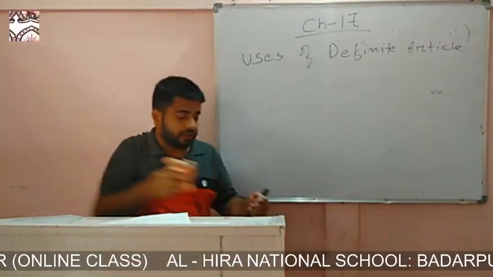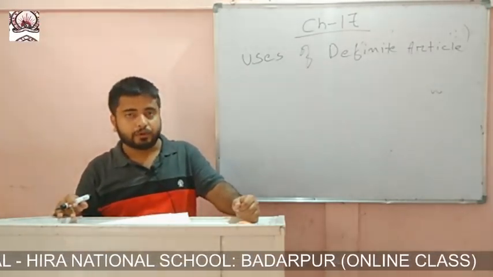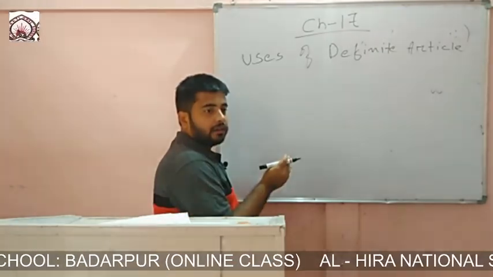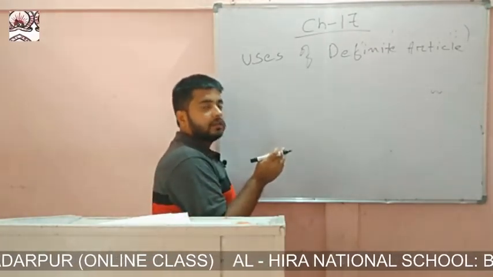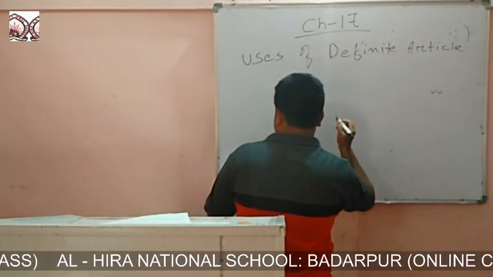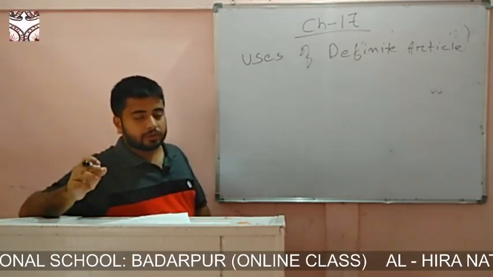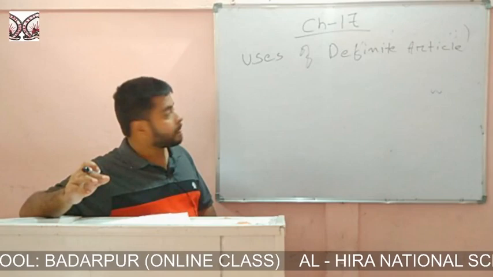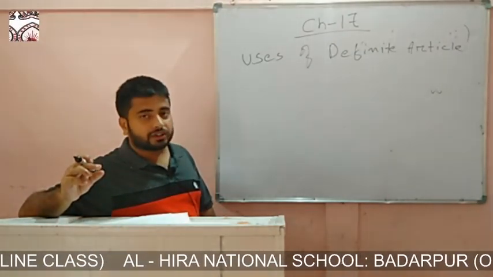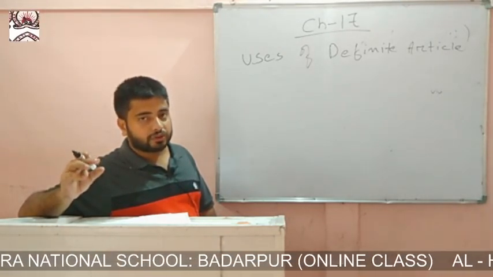The second condition is we will use "the" before river, ocean, sea. So I'm writing an example to make it more clear to you, and you should also see the book so that you can understand more. So the first use of the definite article is that we use "the" when we talk about a particular place or thing.